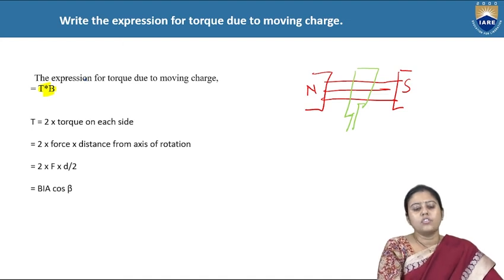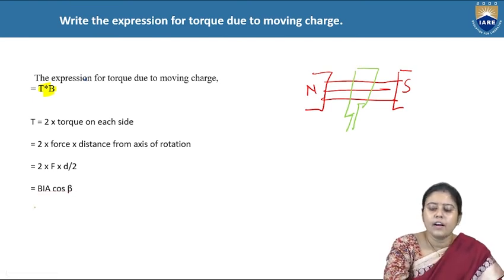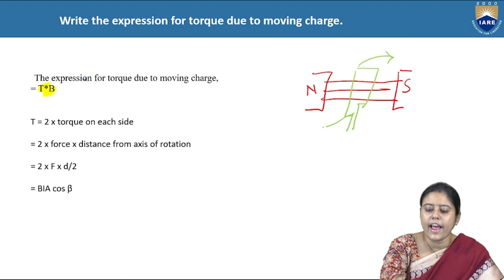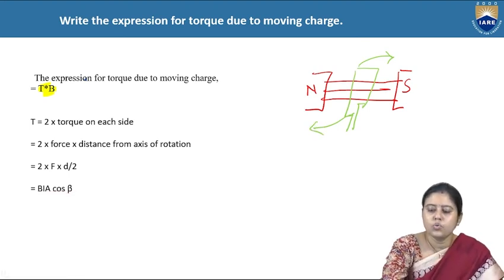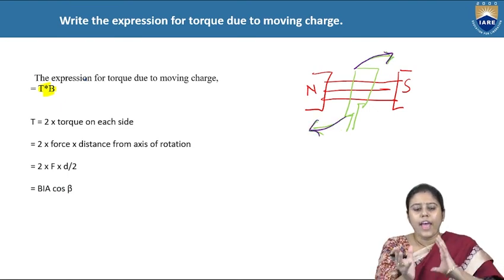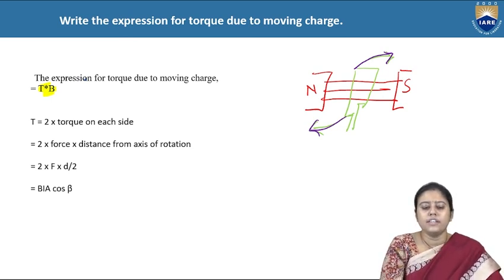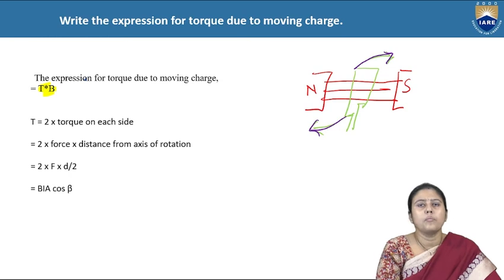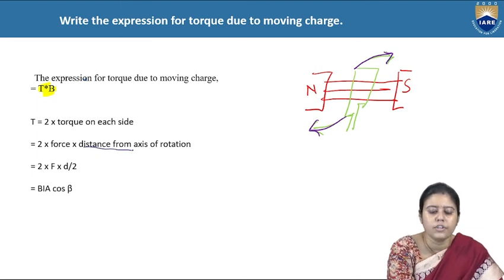What is torque? Torque is 2 into the torque on each side. When there is a current carrying conductor, it will feel one force on this side and another force on the other side, so one torque on this side and another on the other side. As a result, it will start to rotate. Torque means force into distance, so 2 into force into distance from the axis of rotation.